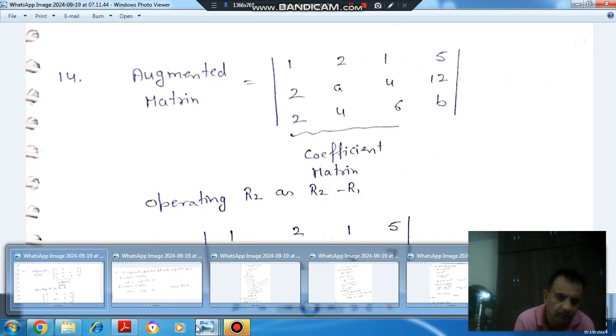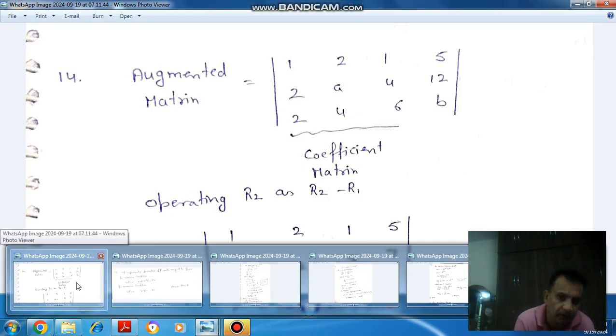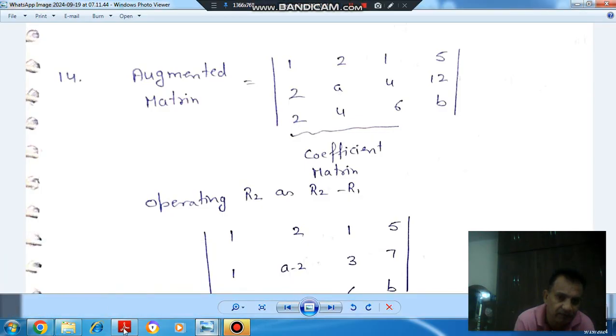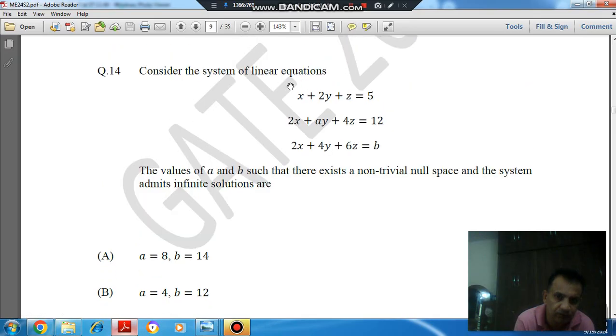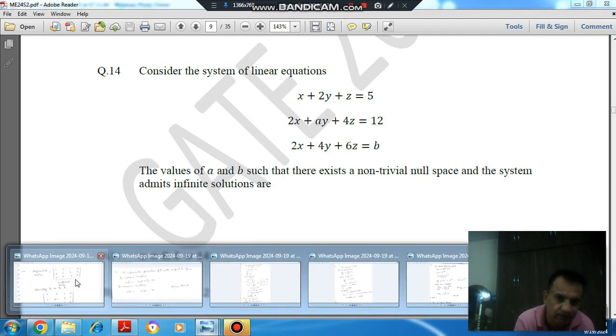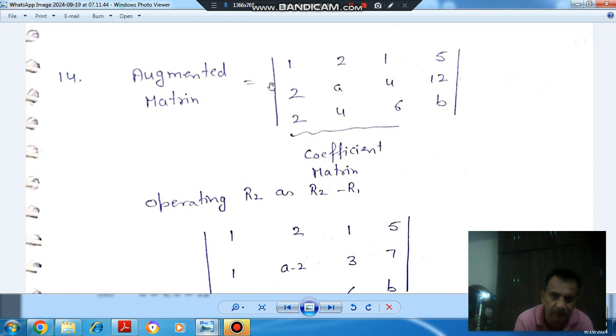So here we will form the augmented matrix and coefficient matrix. From the coefficients of x, y, and z, we can form the coefficient matrix, and if we take the equality also, then it is the augmented matrix. So this is your coefficient matrix: 1 2 1, 2 a 4, and 2 4 6.